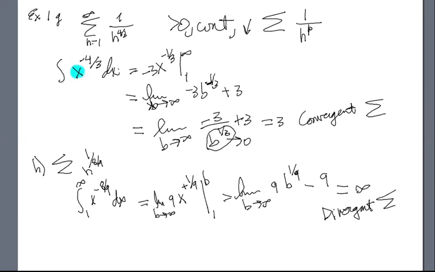I'm going to erase this here for now. General result. Here we have, for this form, 1 over n to the p, again called the p-series.